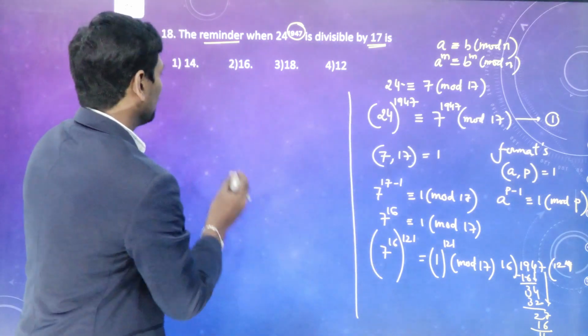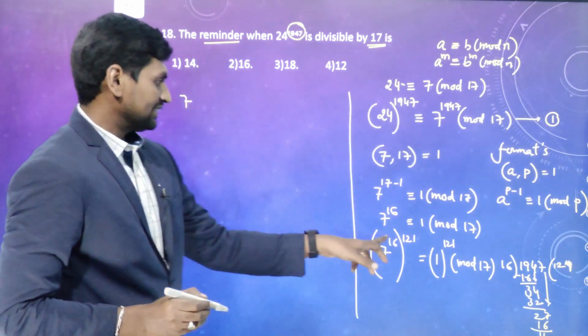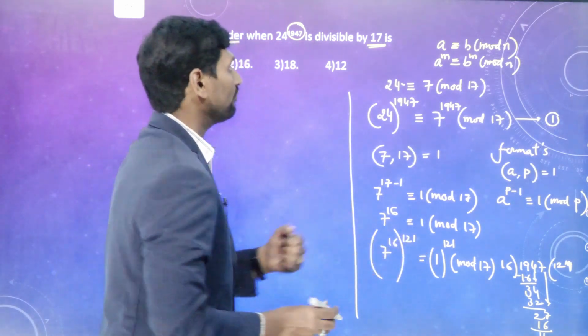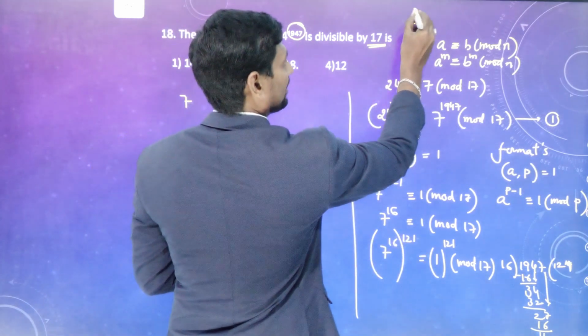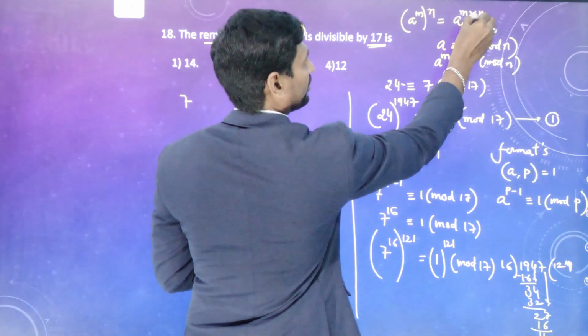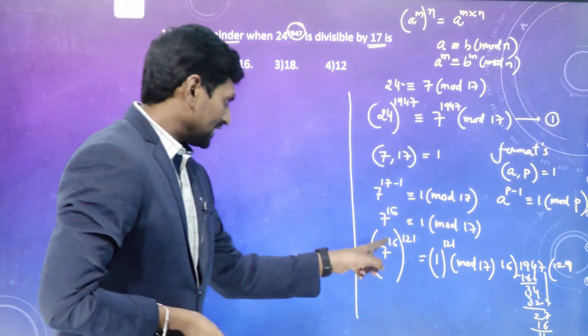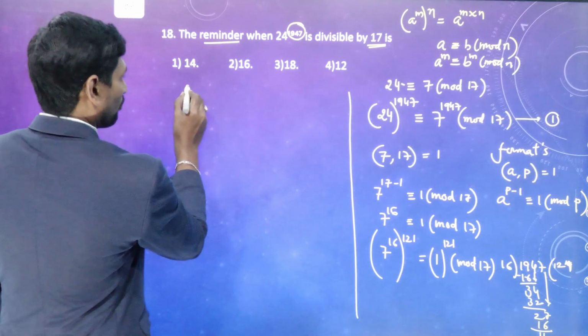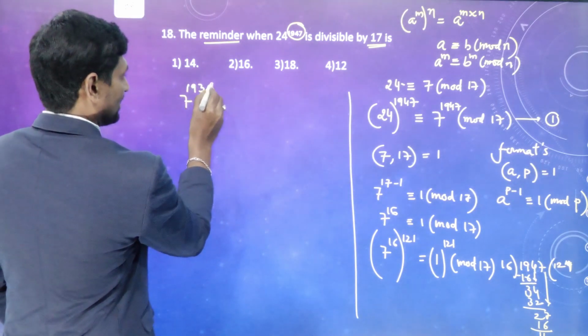That means 7 power 16 whole to the power of 121. It is in the form of a power m whole power n. What is the a power m whole power n formula? A power m into n. So 16 into 121, how much? 16 into 121 is nothing but 1936, because we got the 11 remainder.